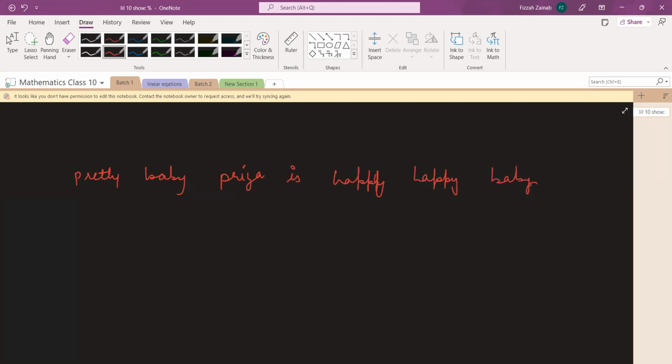Please note it down if you have not written it. Now you have to remember this thing. You write first letters like this: P, B, and P. Pretty baby Priya, then happy baby. All right?